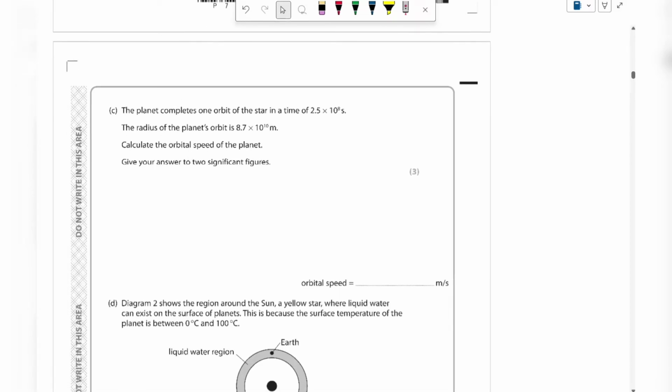Okay, we're told then a time. We're asked for the speed. So speed is equal to distance divided by time, but the distance is obviously the circumference of a circle, and the time is the time period. So we're going to put in what units are meters per second: 2 times pi times 8.7 times 10 to the 10, divided by 2.5 times 10 to the 8.